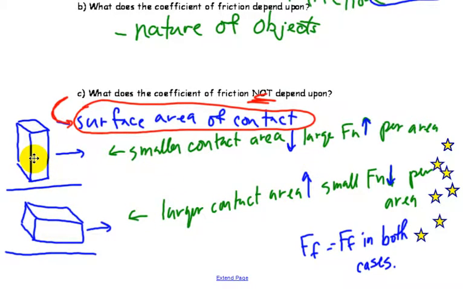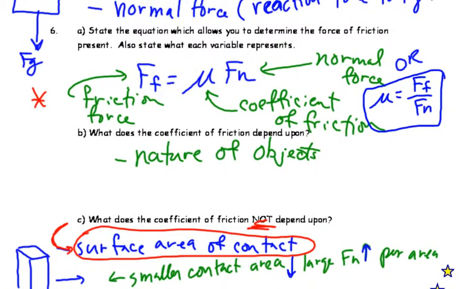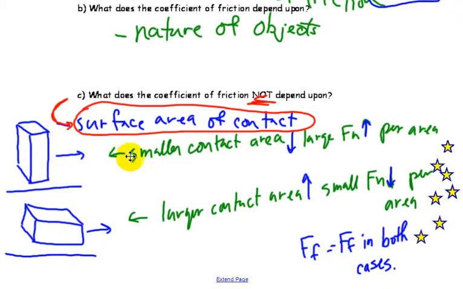If you have a small contact area, you have a large normal force. If you have a large contact area, you have a small normal force. So these two always result in an equal force of friction in both cases. So be careful with that. The object has to change, or the normal force has to change.